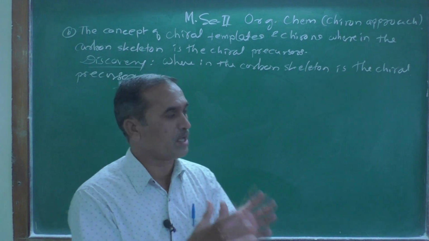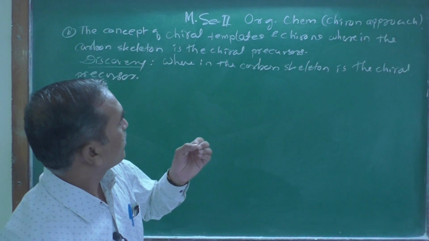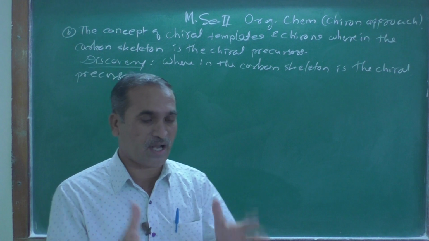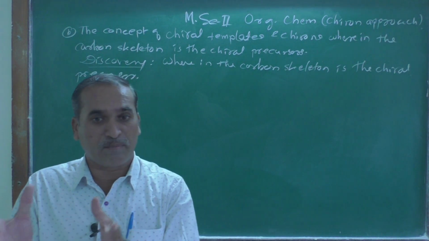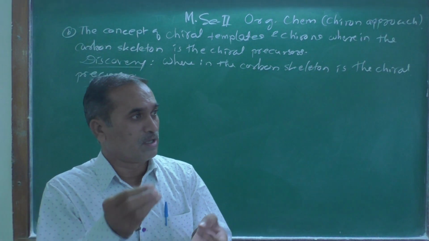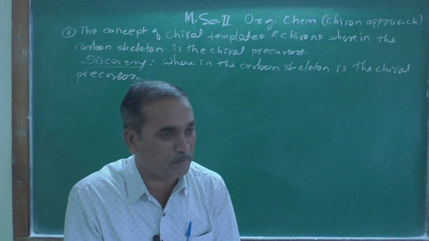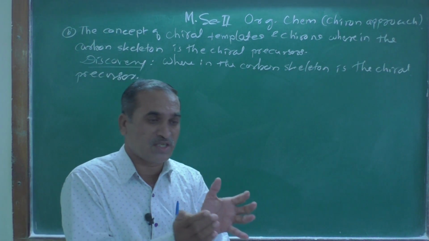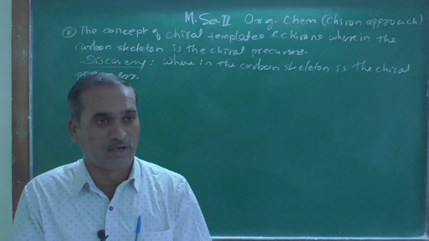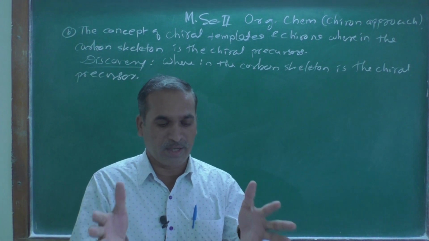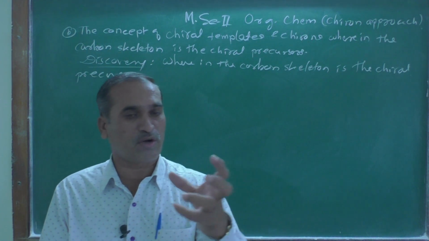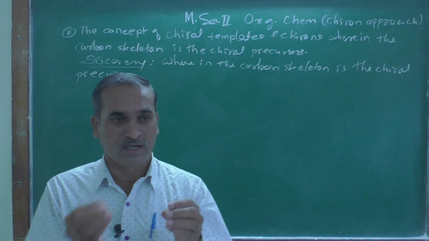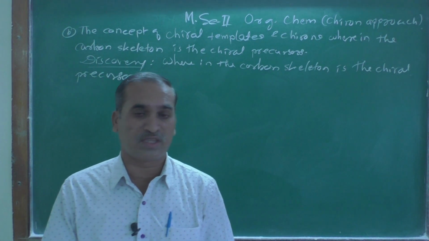So there we are using the term chiral templates. What kind of chiral template? Carbohydrate is known as a chiral template, and before that there is the chiron, a word that is a combination of 2 words. One part comes from retrosynthetic analysis.